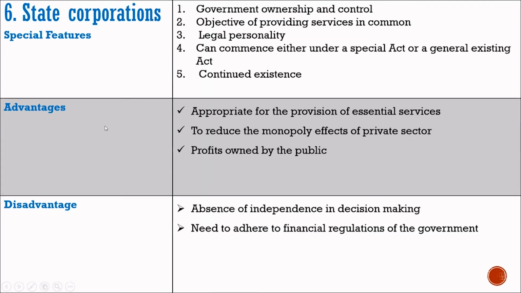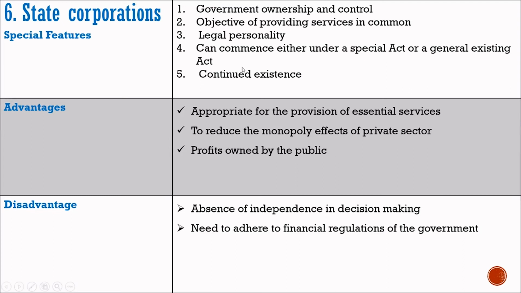Next, it is the state corporations. These are government owned and controlled institutions with the objective of providing services commonly. They have a legal personality and they start either under a special act or a general act from the government.